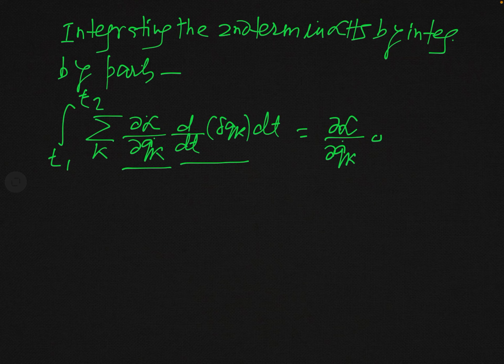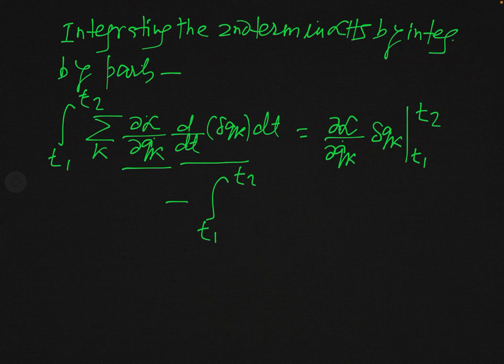So this is delta qk, and the limits are t1 and t2. Now there is a minus sign here, and then the integral from t1 to t2. Now we will take the differential of the first function.